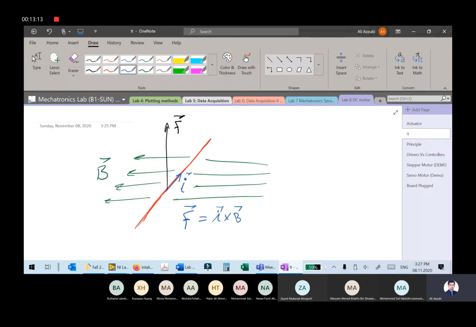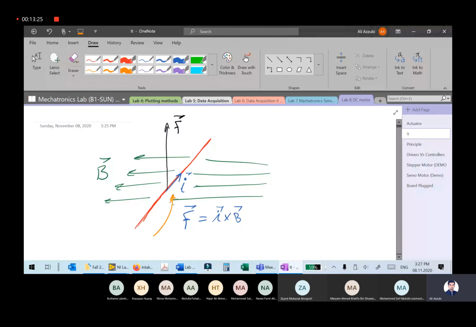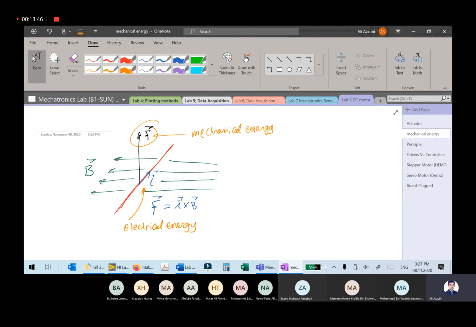What we actually want is to convert this electrical energy to mechanical energy. This is the main goal behind the motors, or electromagnetic actuators.